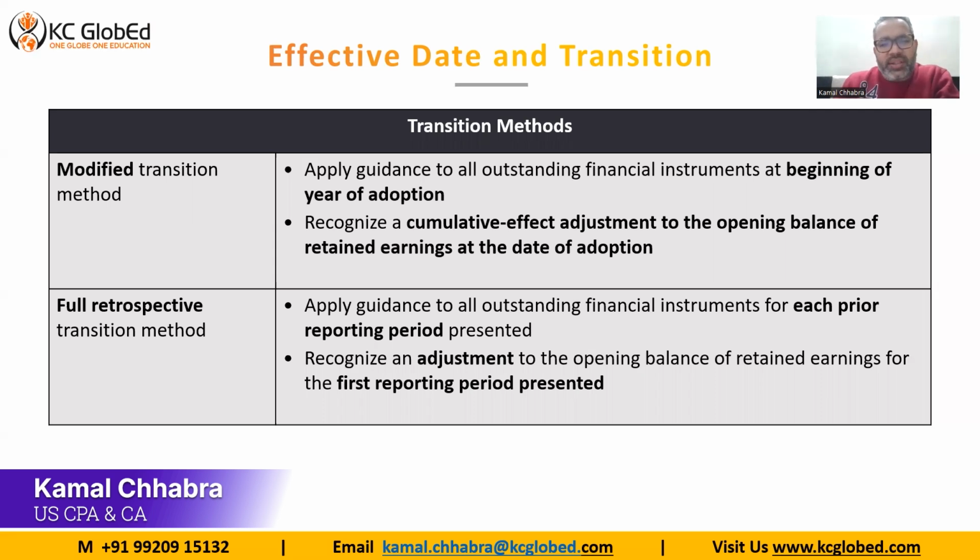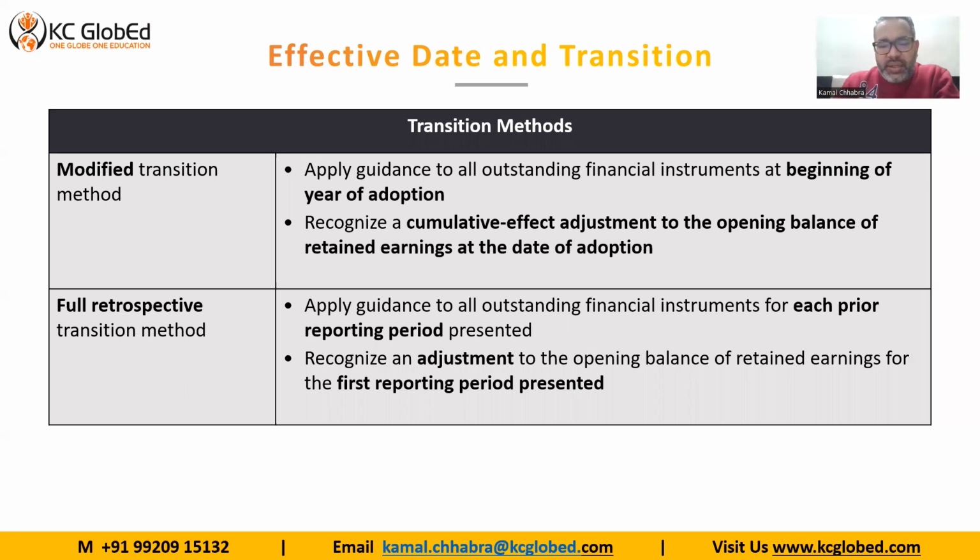What is the modified transition method? You apply the guidance to all the open items on the balance sheet date and take the impact on the opening financial statements. So apply the guidance to all outstanding financial instruments at the beginning of the year of adoption.